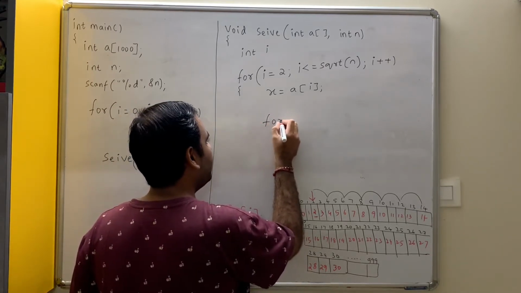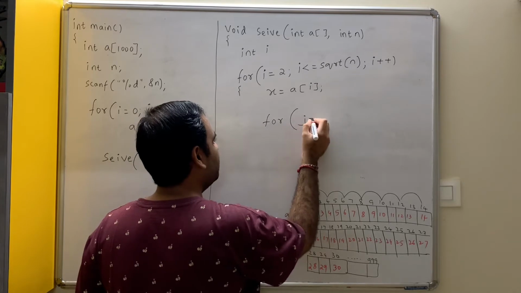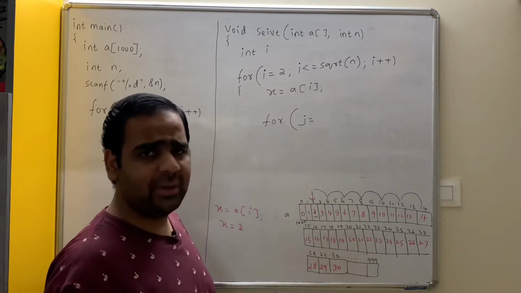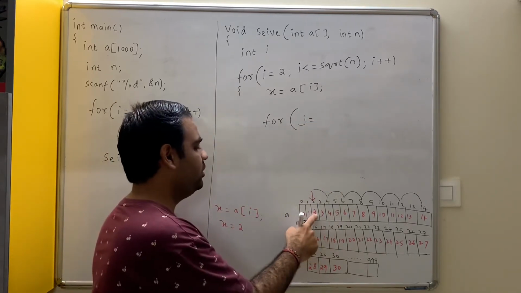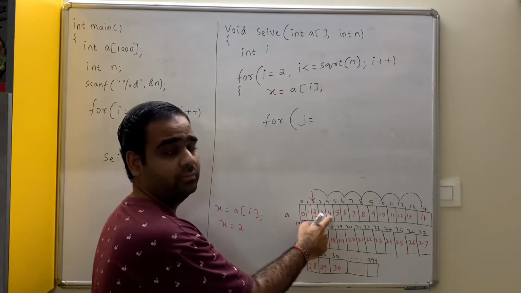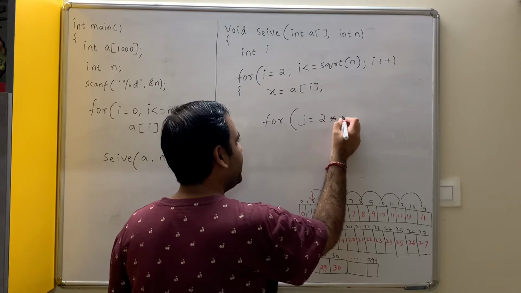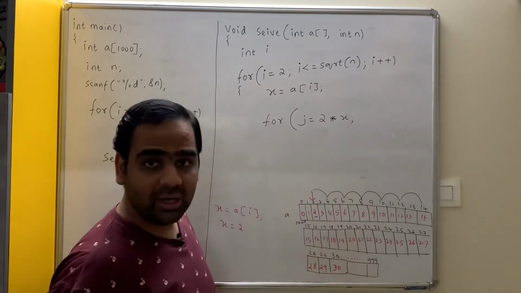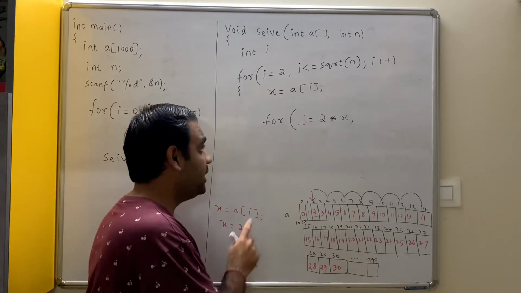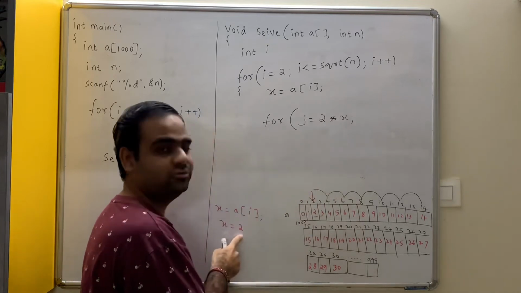Therefore what do I write? For j is equal to the next multiple. How do you get the next multiple? 2 ones are 2, 2 twos are 4. That means this is 2 multiplied by x. It is 2 into x because the next multiple is found at 2 into x, which is 4.